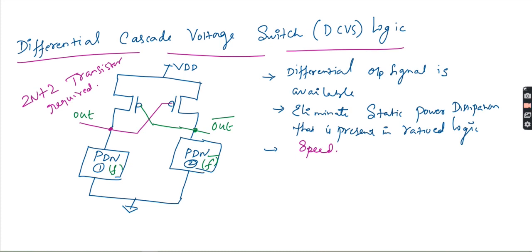Since the logic style has the complement of this, it has a larger area, correct? Similarly, here too we have a total of 2N plus 2 transistors. For example, if the number of inputs is 4, then 10 transistors are required to implement this kind of logic. It has larger area and larger switching capacitance also.